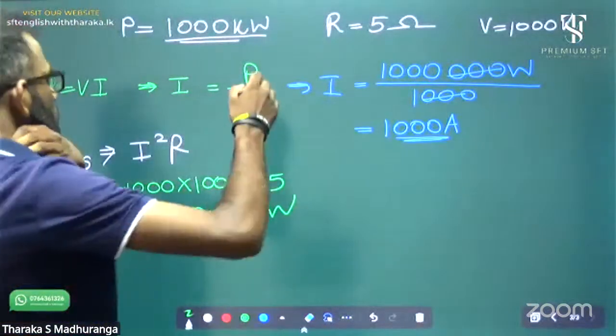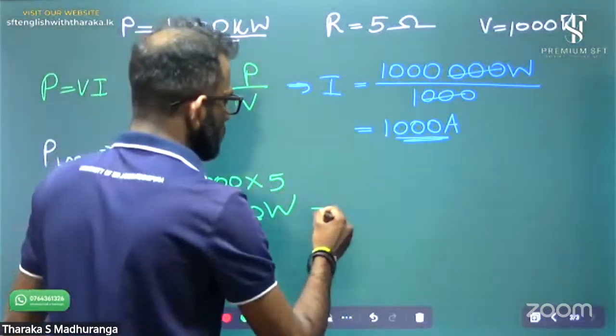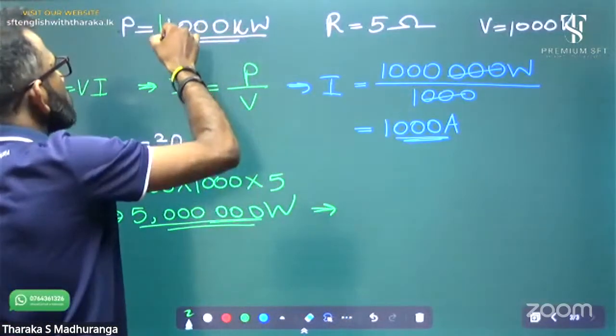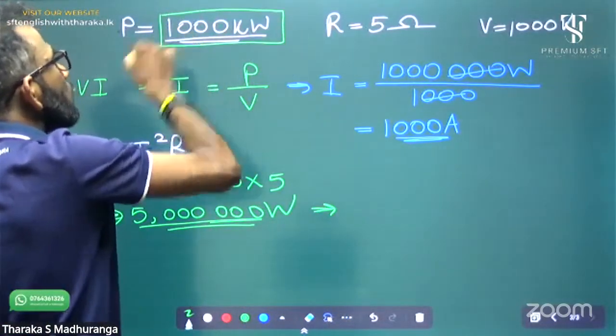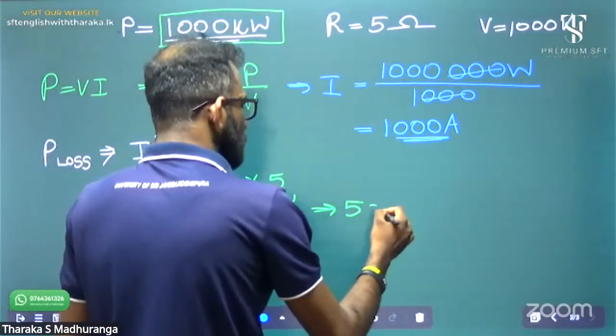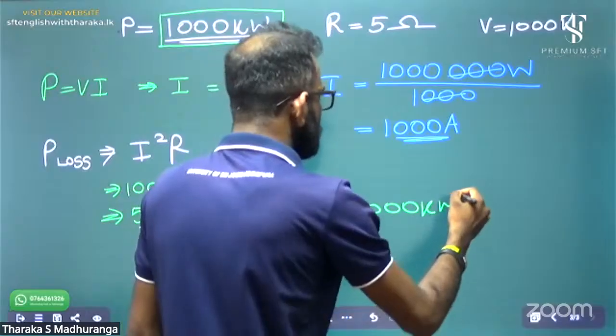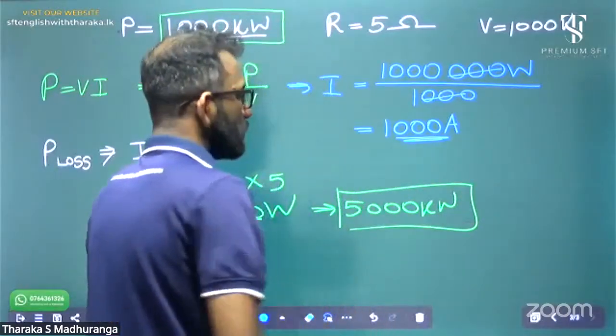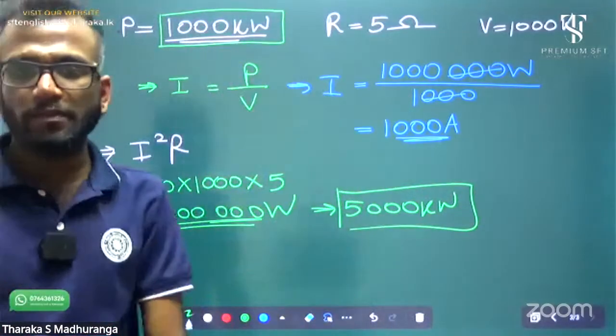See, we try to transfer 1000 kilowatt, but the power loss is 5000 kilowatt. 5000 kilowatt is the power lost, but we only supply 1000.